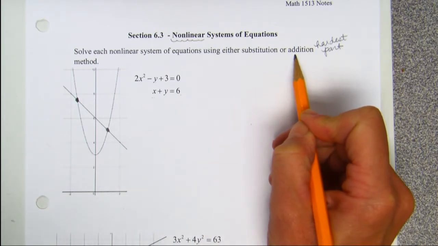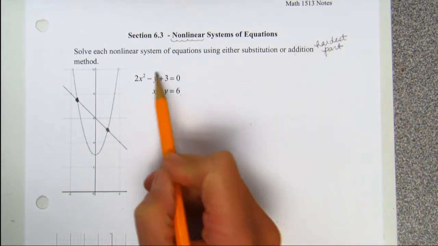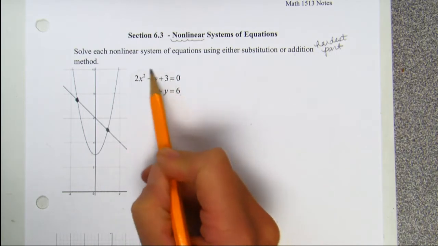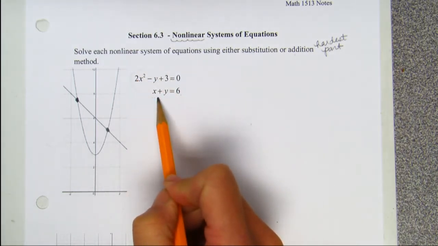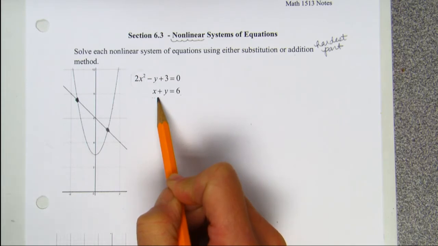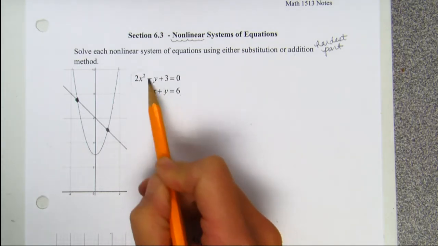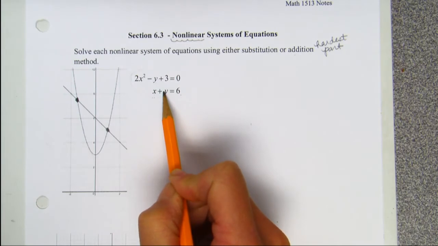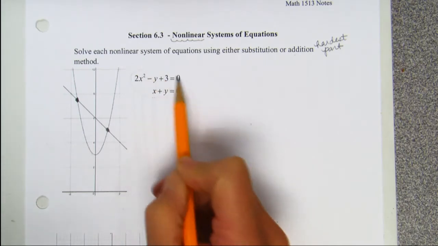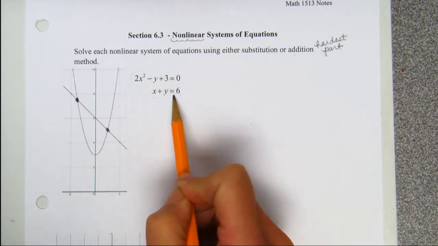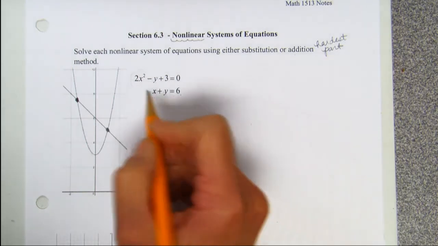Remember, addition method is also known as elimination. Can you look over here and see if we added these together, if you could eliminate something immediately? Look at the y. If I added the left and the right, wouldn't these two y's cancel each other out and eliminate? So on this particular problem, I'm going to use the elimination method. And watch what happens.